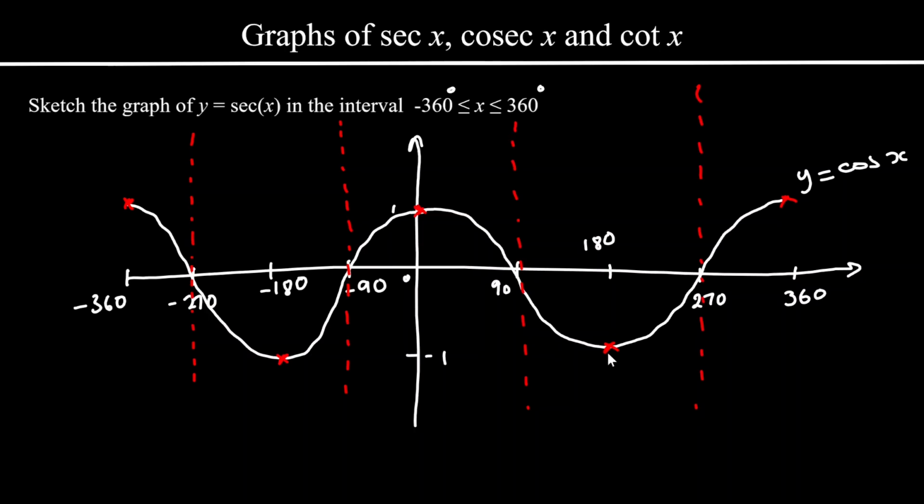And we're going to get this shape where as it gets closer and closer to 0, 1 over something really, really small gets really, really big. So we get this shape that looks like this.